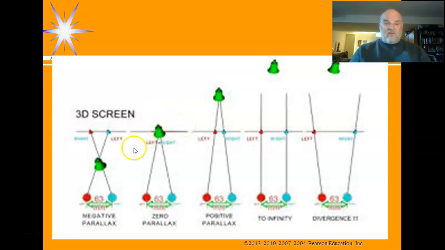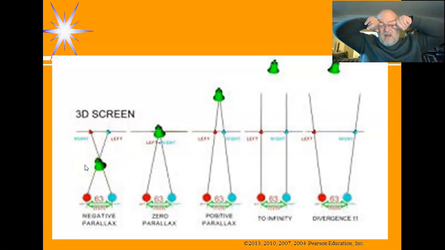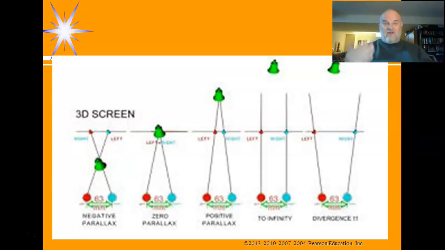What the stereographer does is, for certain elements on the screen, trick our eyes into a position of negative parallax. So although this object is actually sitting up there on the screen, our eyeballs shift together, and our brain tells us this object is not way back at the screen, it's actually much closer.